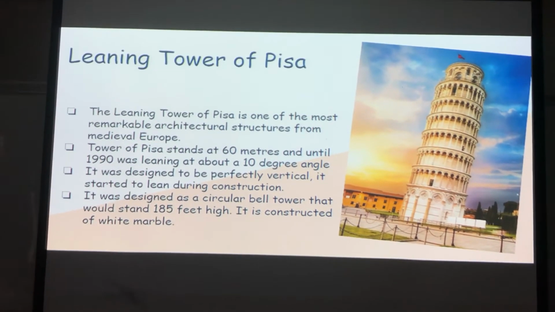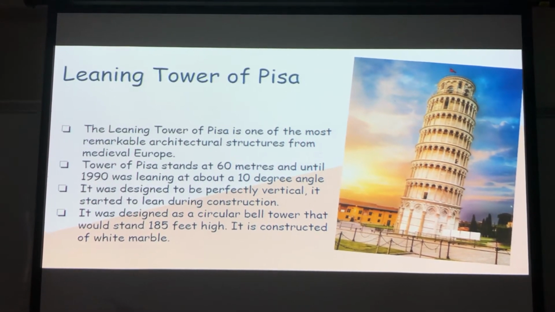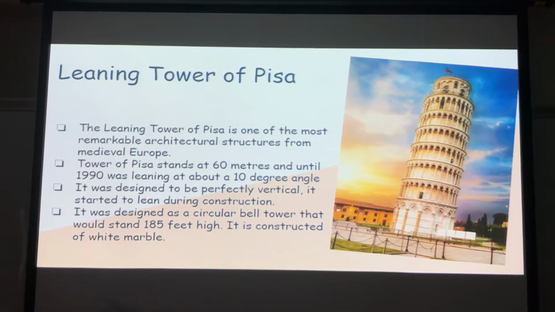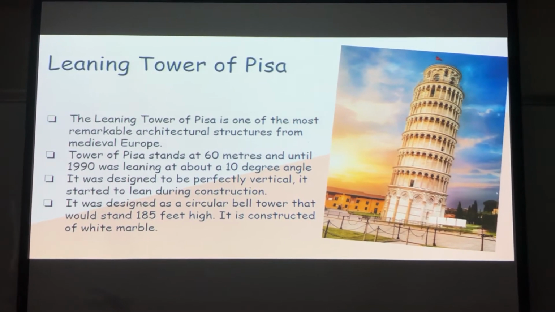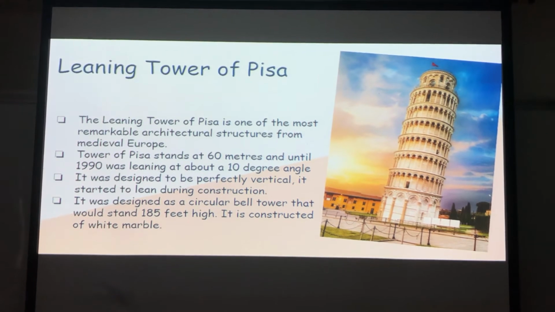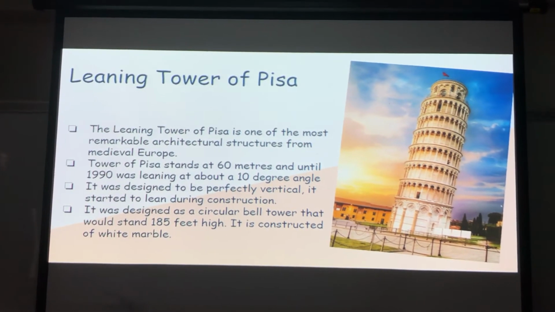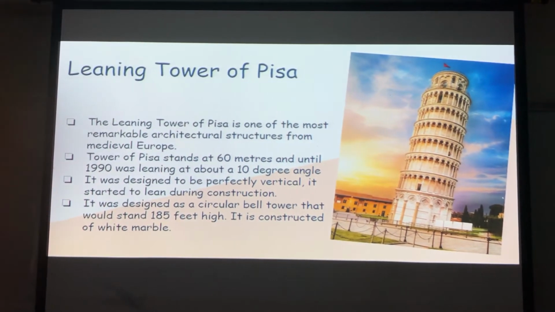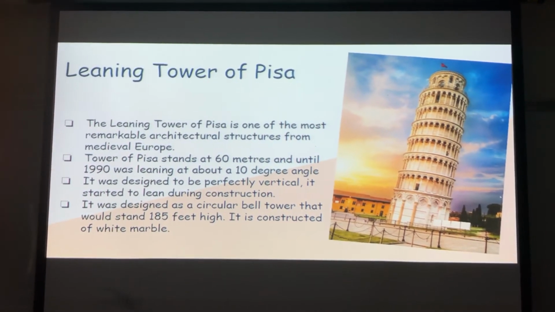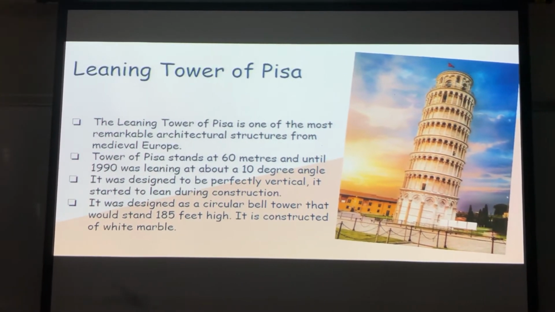The Leaning Tower of Pisa is Pisa's crowning glory, probably the tallest bell tower in Europe. It stands at 60 meters and until 1990 was leaning at about a 10-degree angle. The top is about 17 feet off the vertical.